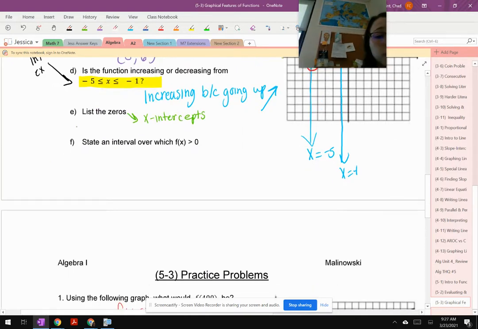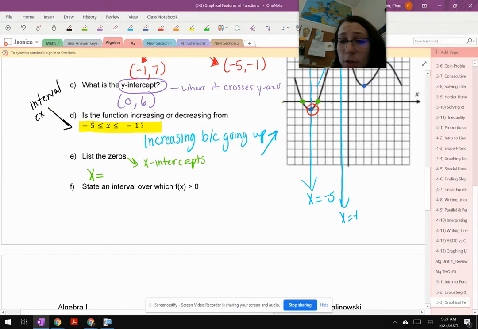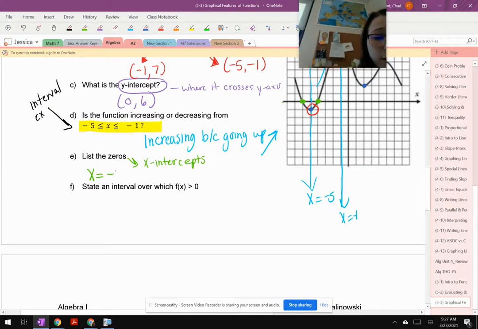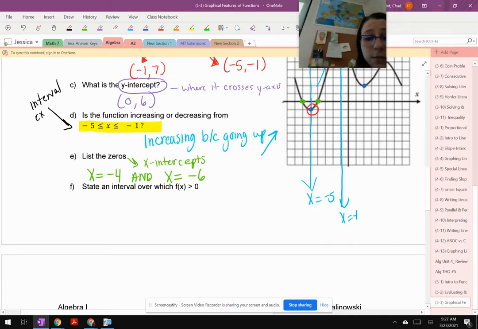So your zeros are, and we can just write these as x equals -6 and x equals -4. Or you can write them as the coordinate points, (-6, 0) and (-4, 0).